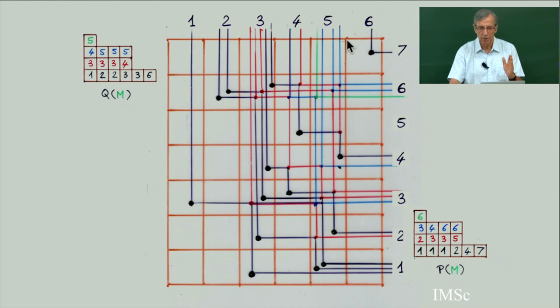So I get a permutation and I apply the classical Robinson-Schensted correspondence. Then these 3 different points will give the same 1, 1, 1, 1. Each of these points, or these 2 points, will give 2, 2, etc. So you see the 3 here in the Q symbol: there are 5 lines coming here, so there will be 5 points, the value 3 appears 5 times in the Q symbol.